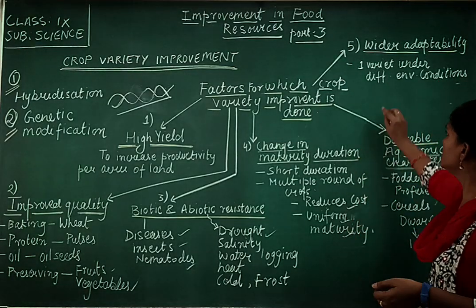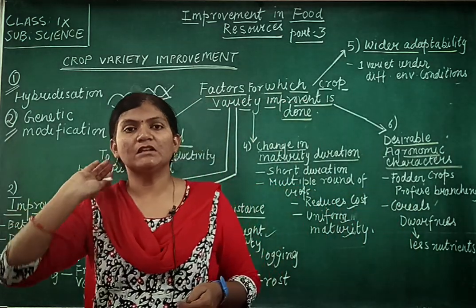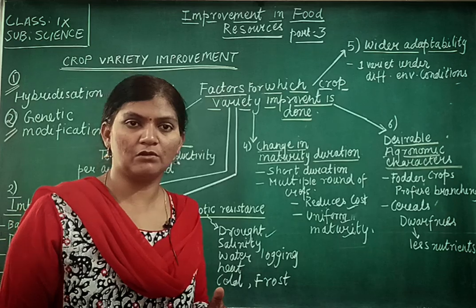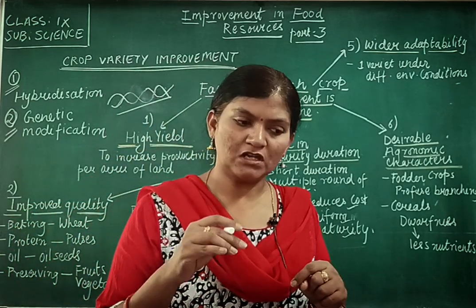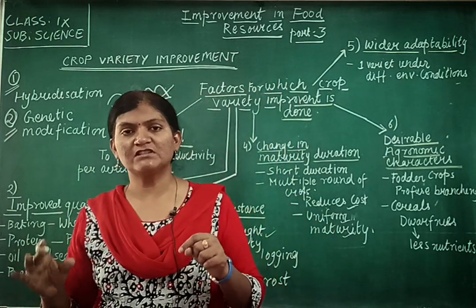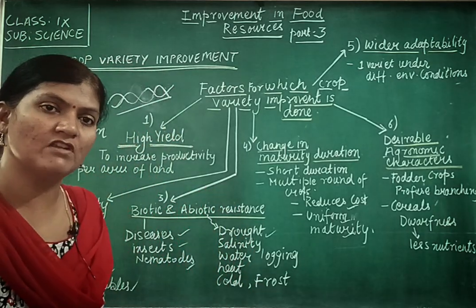Then the next one is wider adaptability. Wider adaptability means that whatever crop we are growing, it should withstand whatever climatic conditions are there, and our crop is ready to be grown everywhere.